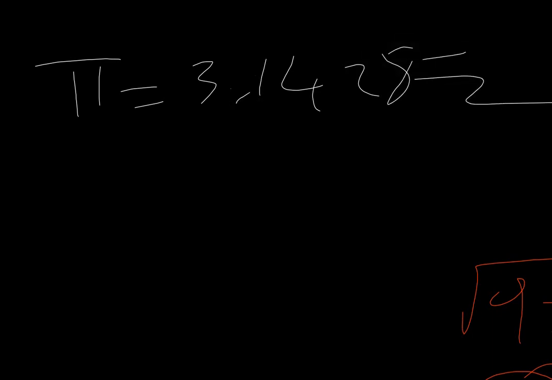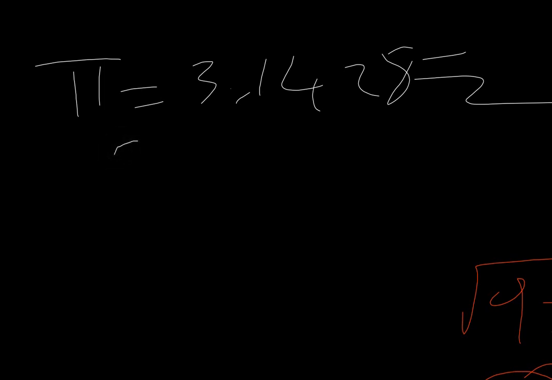And we can look at some more examples. Look at pi. Pi is actually 3.14285, something, and it continues. Now pi is not a rational number, but it is an irrational number because it has a non-terminating decimal. Well, let me find the specific value for pi. I think pi is what?